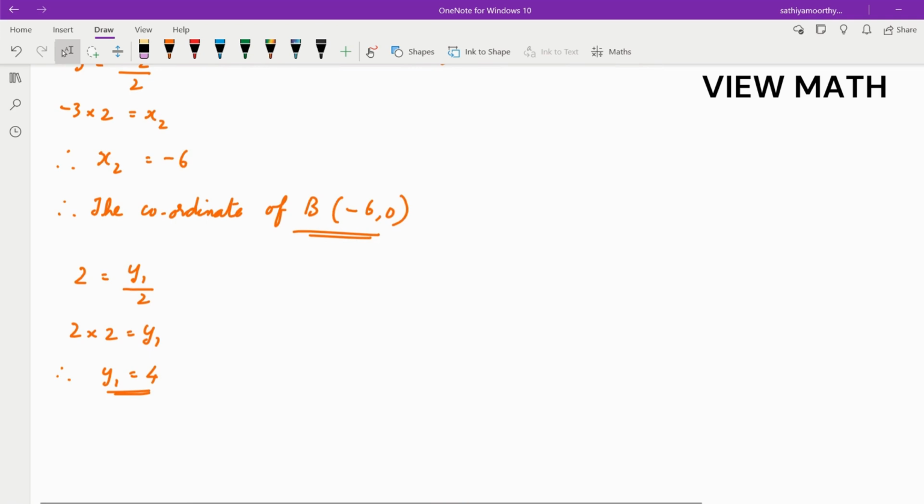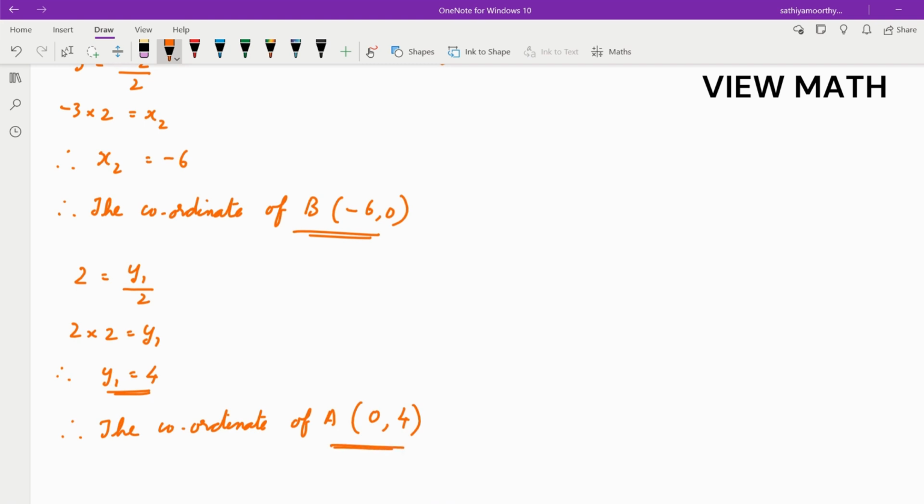Therefore the coordinate of A: the x-coordinate is 0 we know, and y1 we just found out is 4. So the A coordinate is (0, 4). So we have found out the A coordinate and the B coordinate.